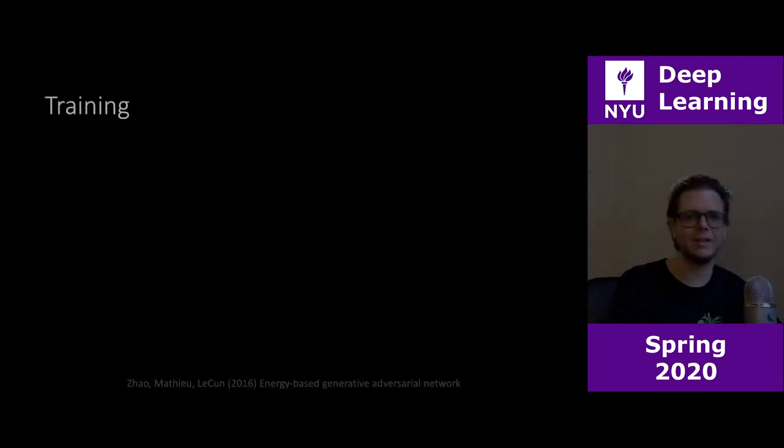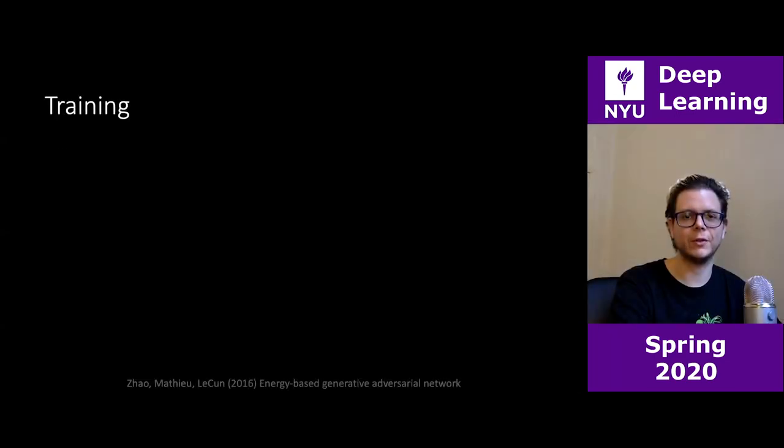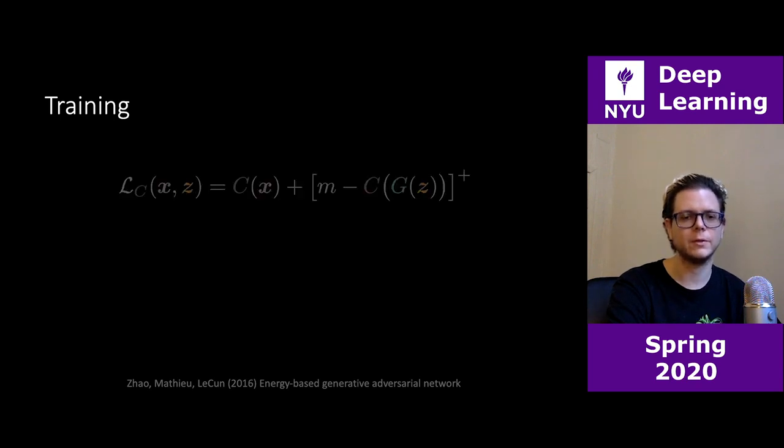Before going to the notebooks, let's have a look at a practical example of training loss for these two networks we have just seen. The loss function for my cost network, given the input X and the latent input Z in orange, can be the following.